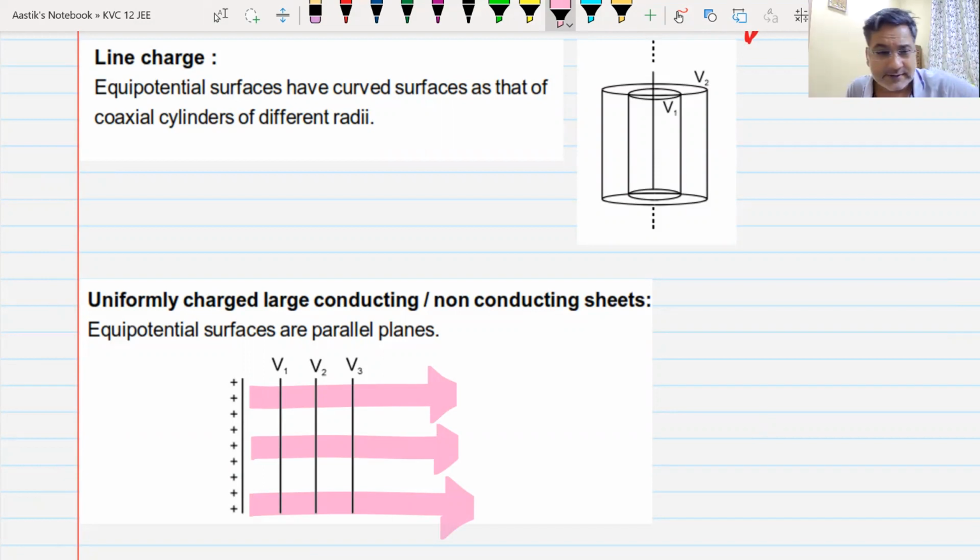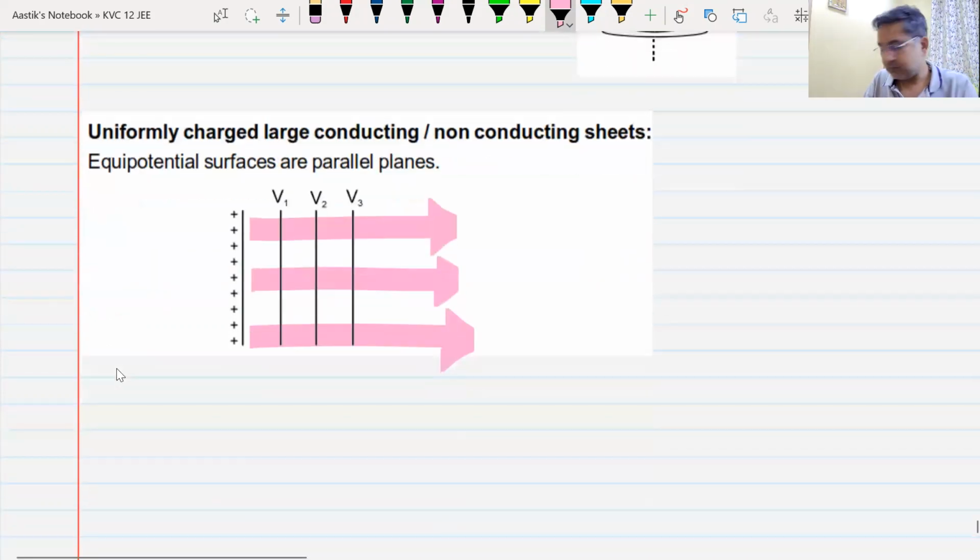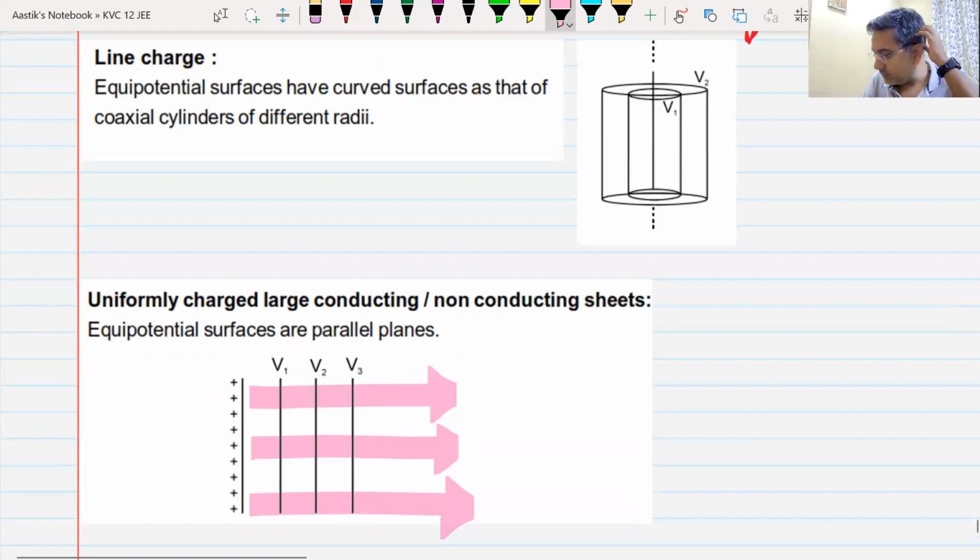Do we understand this? Have you drawn this equipotential surface?